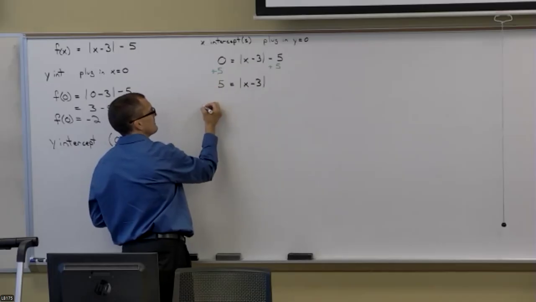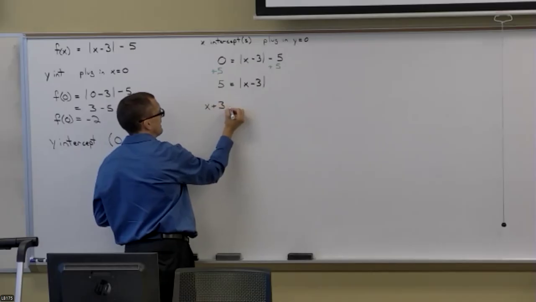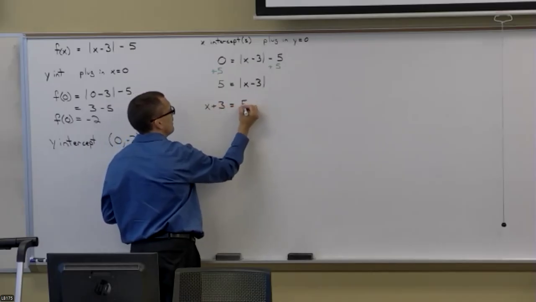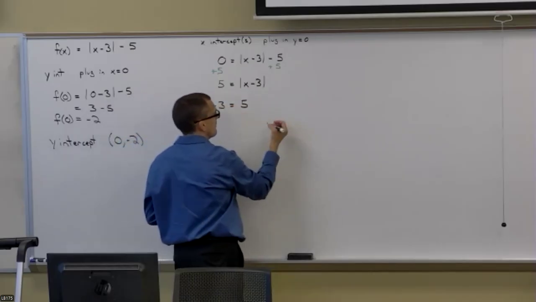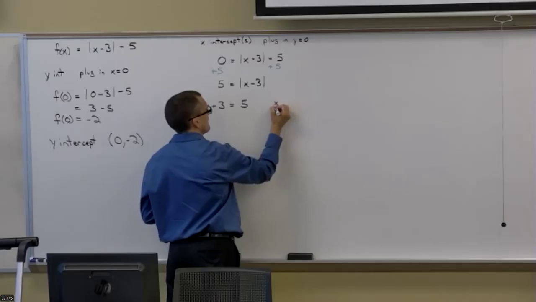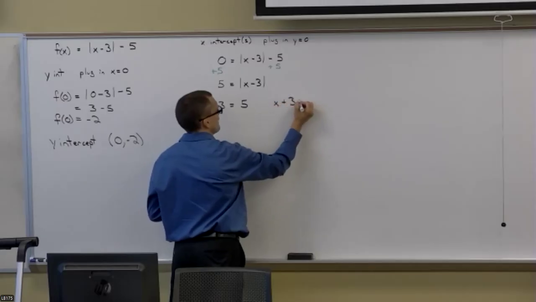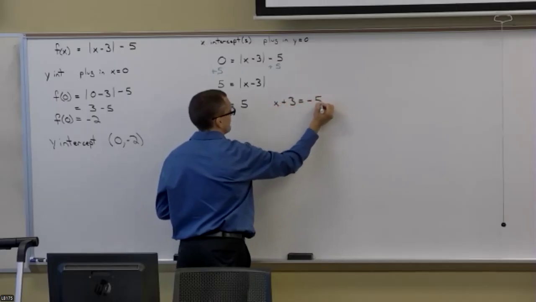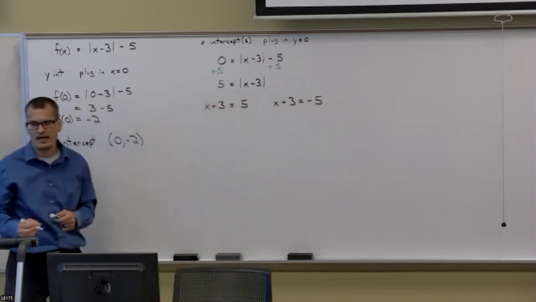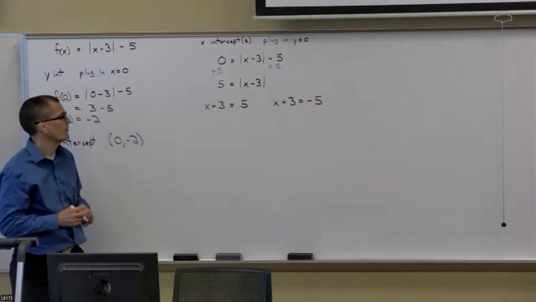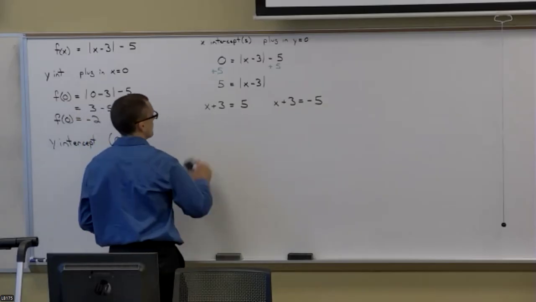So we do our same thing. We let the thing inside the absolute value equal the positive number, or we let the thing inside the absolute value equal the negative of that number. Oh, did I say? Yeah, I miswrote that.